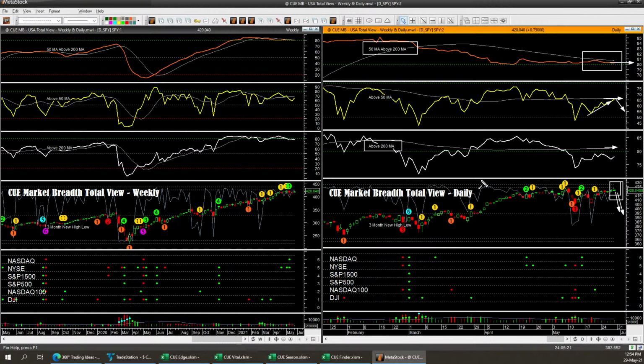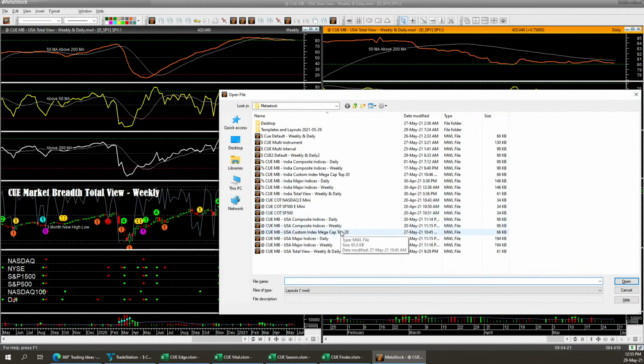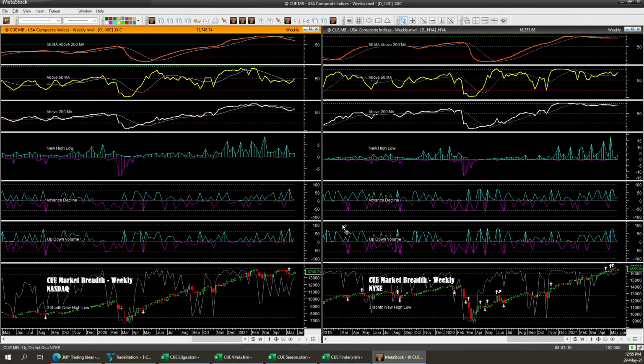And let's just look at the Nasdaq versus NYSE weekly internals to see if the relative weakness of Nasdaq is continuing. The relative weakness of Nasdaq is disappearing.